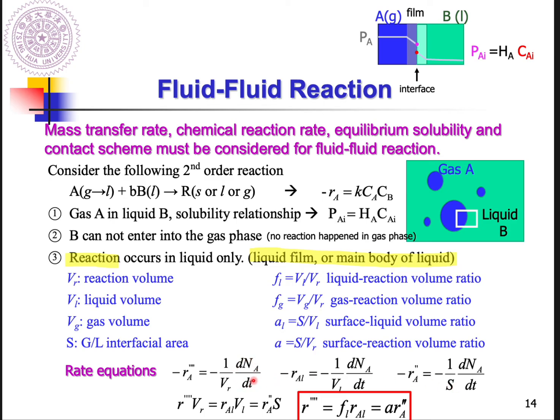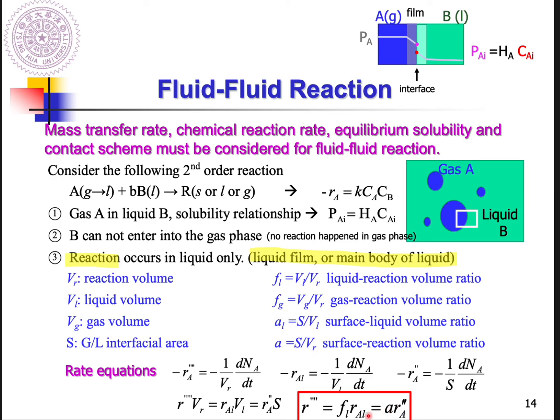Based on the consumption rate of reactant A, you can get this equation here. And finally, we can get R four prong, which can be expressed as fL times RAL equals a times RA double prong.